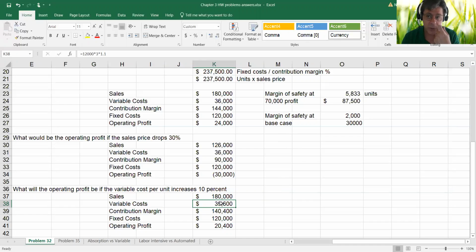But you can always multiply it by 10% and then add it too. You can do that to the cost per unit and then multiply it by 12,000, or you can make it for the whole amount. Either way, you're going to get 39,600 for your new variable costs. Not because the units went up, but because the cost per unit went up.